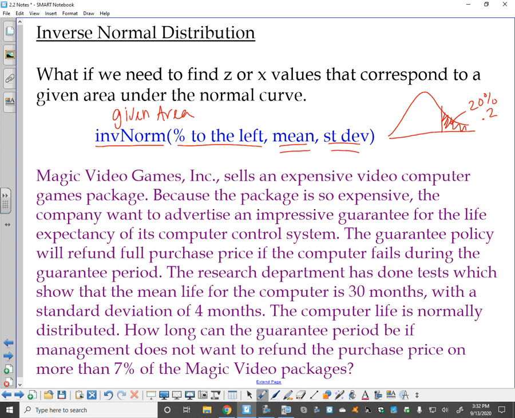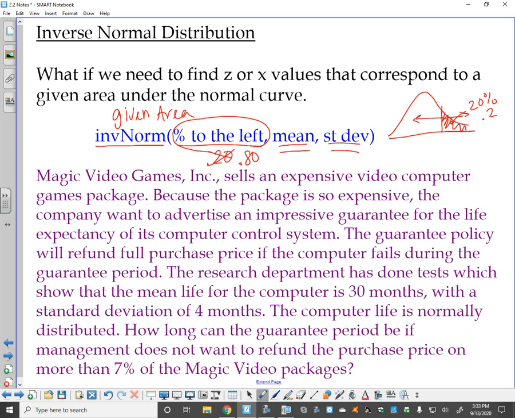Okay, well remember, this only does percent to the left. So I would not put 0.20 right there. I would put 0.80, because if it's 20% this way, then I know it's 80% that way. So inverse norm only inputs area to the left. So if you are given area to the right, you have to convert it to area to the left, knowing that the total area under the curve is 100%.